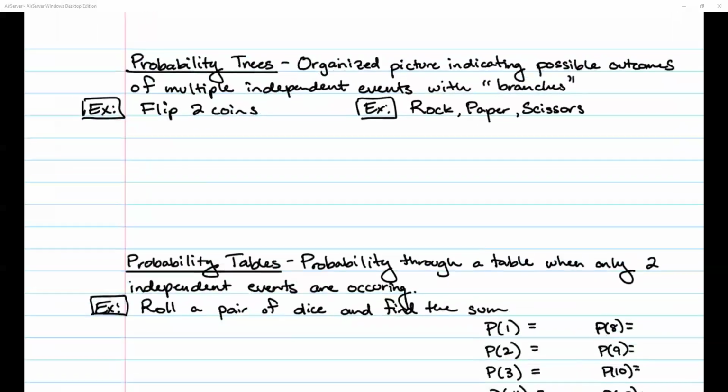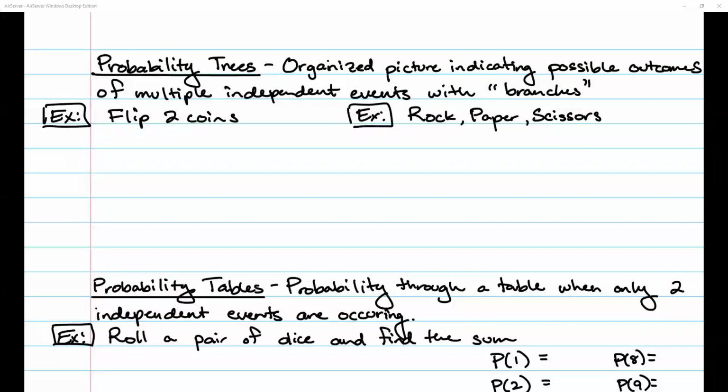Now, when you're flipping two coins, there are two events occurring at the same time. You're flipping a coin on the left side, let's say a quarter, and a coin on the right side, let's say a dime. Because there are two different events, I'm going to start the first event with a dot, and right here I'll put C1, so you know it's coin number one. You can picture that as a quarter.